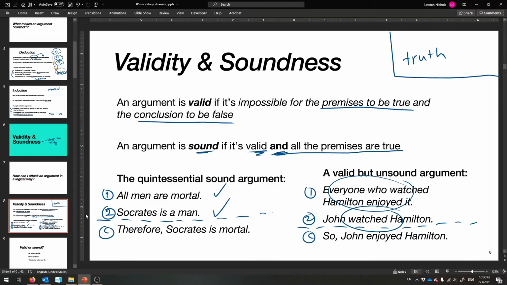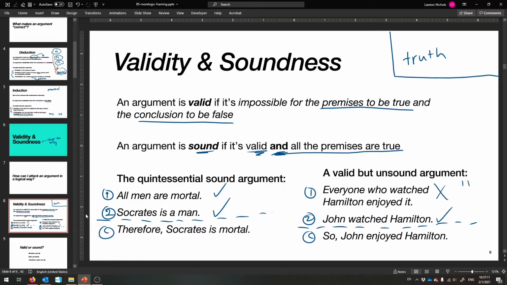If this first statement is true about everyone, then it's definitely true about John. So he watched Hamilton, so he must have enjoyed it. So the conclusion is implied by the premises. That's not too bad. So it's totally valid. I hope you can see that. But maybe this is true, but this is not necessarily true.